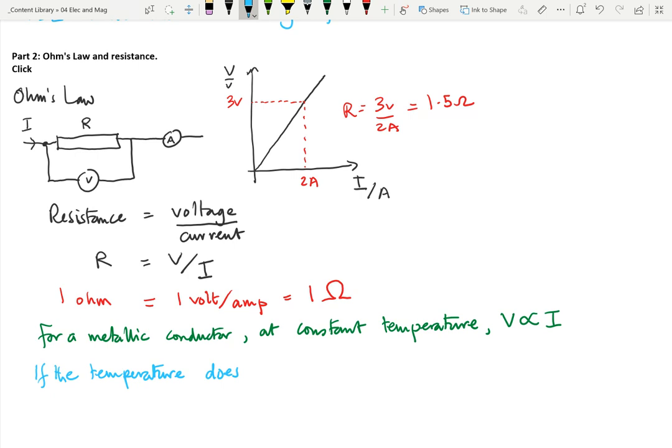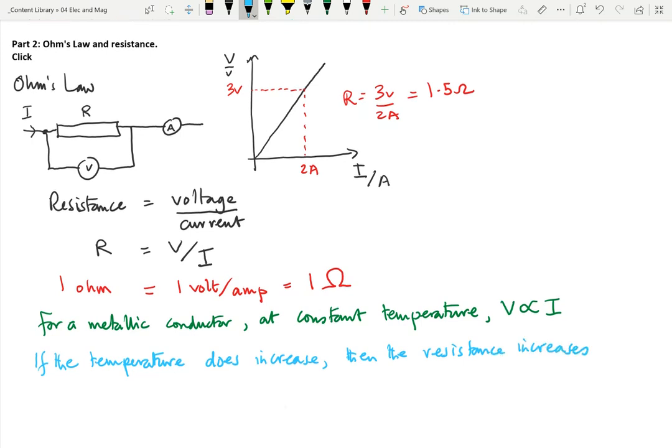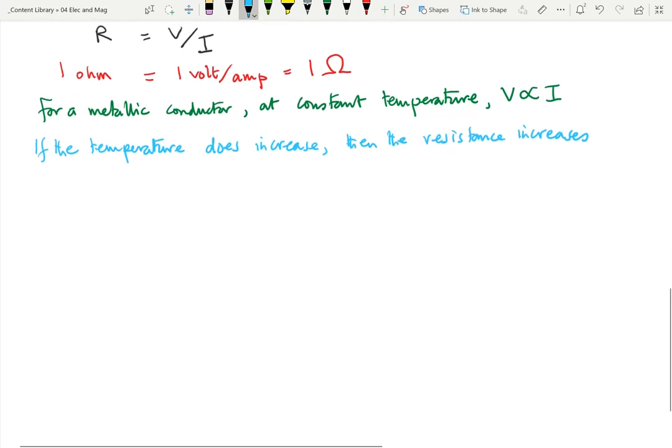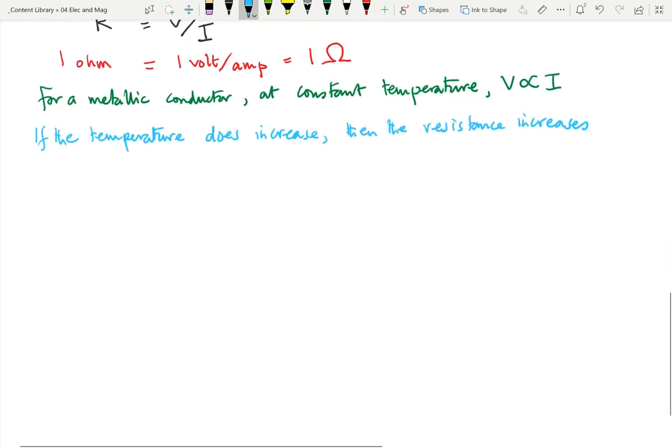So if the temperature does increase, then the resistance increases. Now we can show that in a graph. The line is no longer straight.